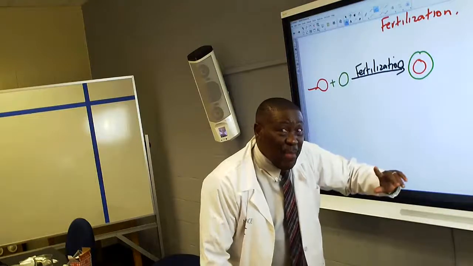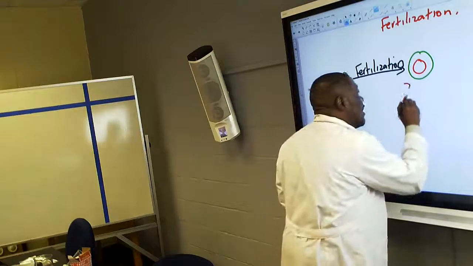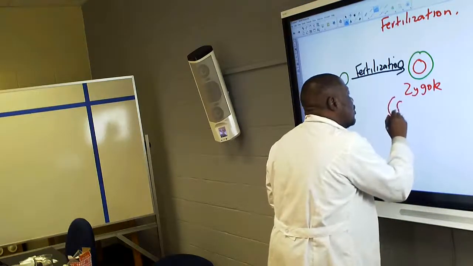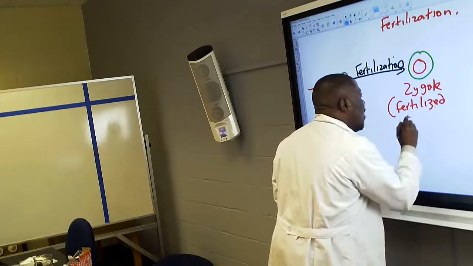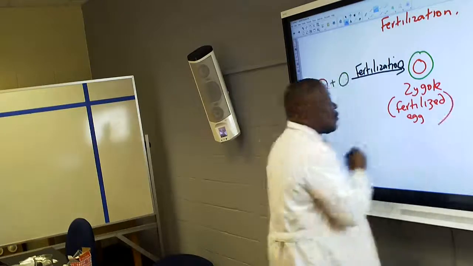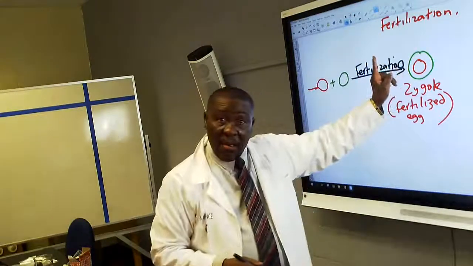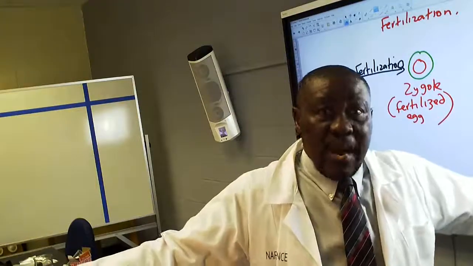Therefore, it is neither a sperm nor an egg. Now we have a special name for it, and that's called a zygote. A zygote is a fertilized egg. That's one cell. When the sperm enters the egg, you're not going to have two cells automatically.